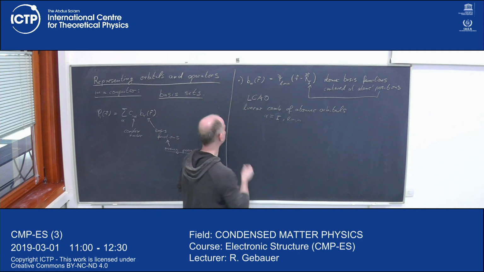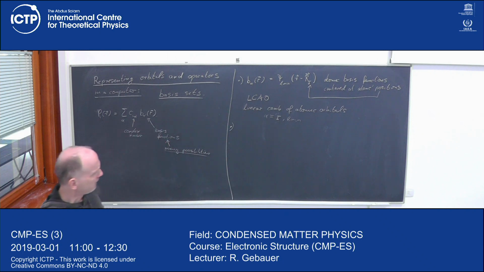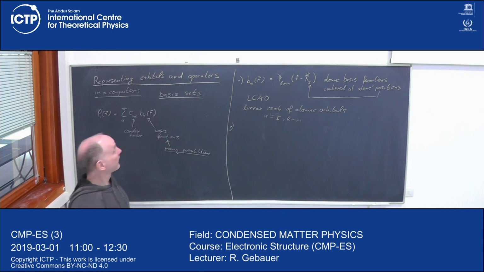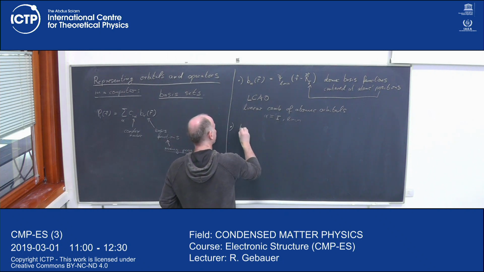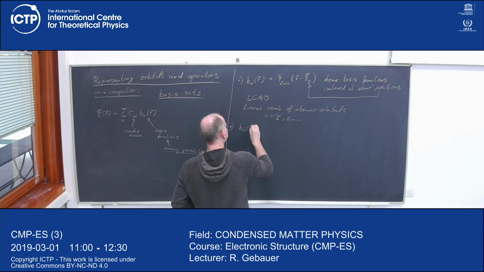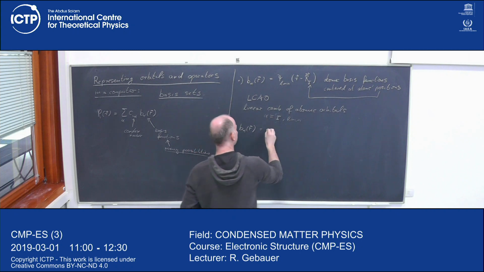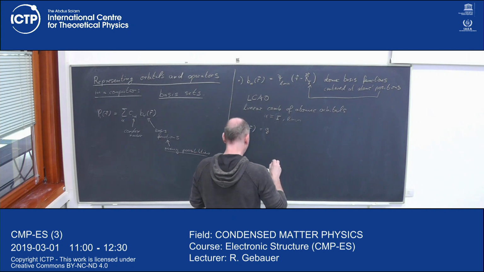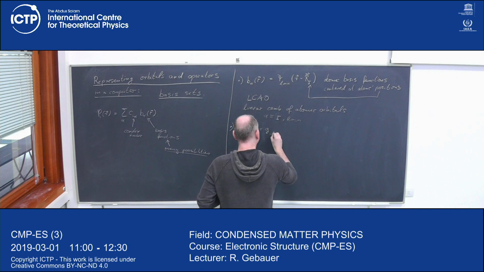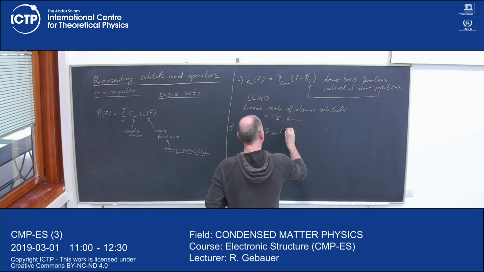It is used. There are many programs which do this. Then there's another possibility. You can choose your basis function as, how did I call it, G, I, L, M of R minus Ri.